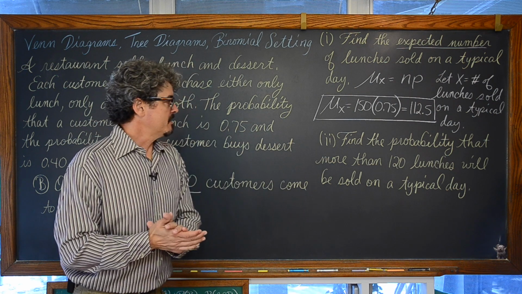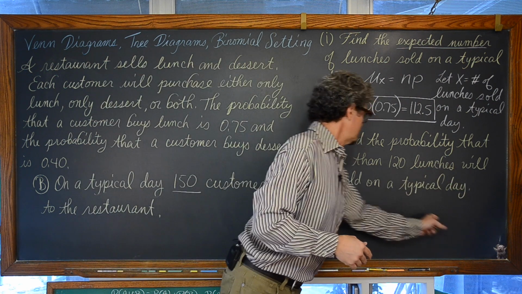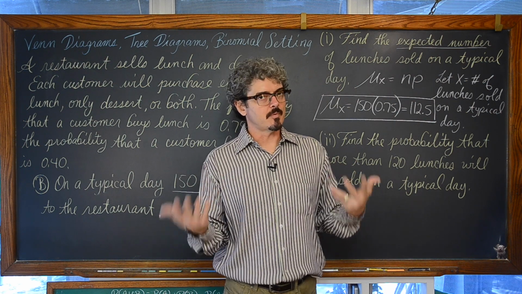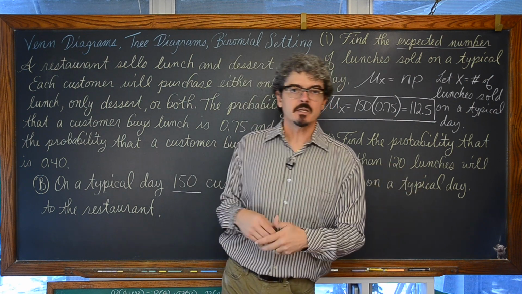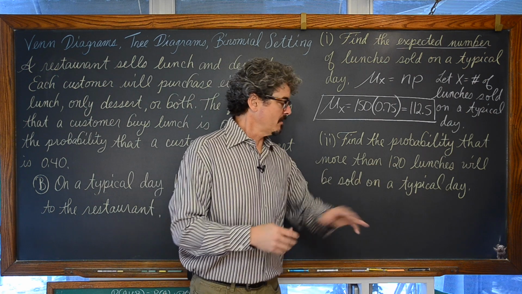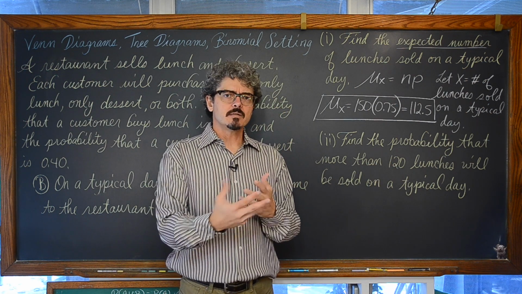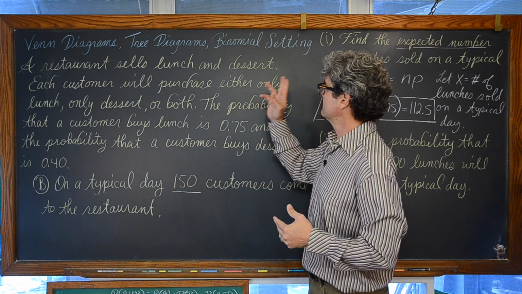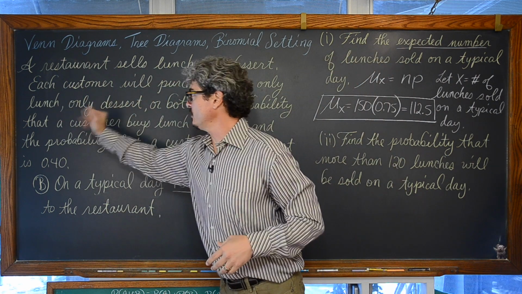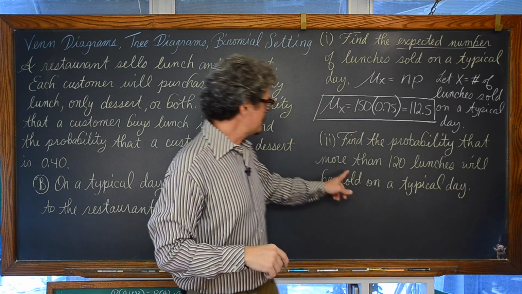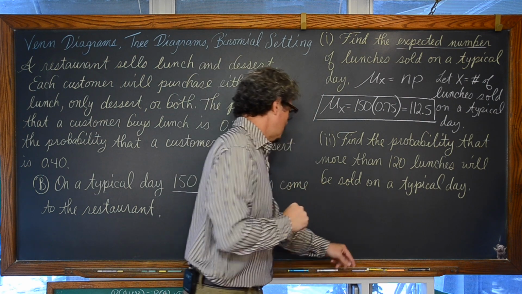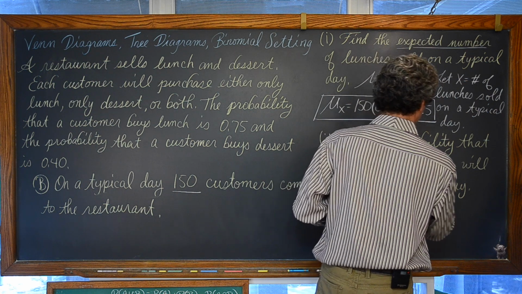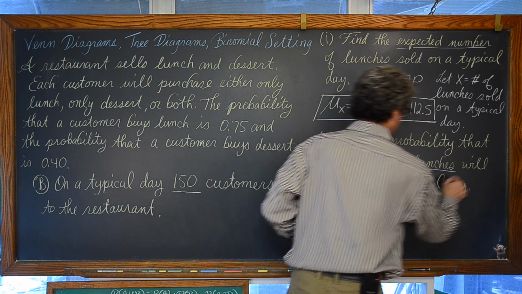Find the probability that more than 120 lunches will be sold on a typical day. Well, probabilities, right? Defining the probability of an event actually occurring. Now, recognizing what this setting is: we talked about someone buying only lunch, only dessert, or both, but this question is only focused on whether or not a lunch will be sold.